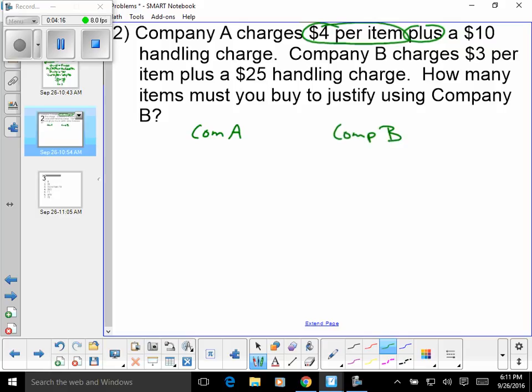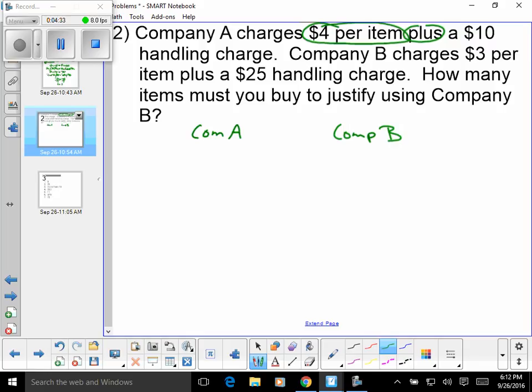What you're really looking for is where the two companies have an equal charge, because up until then, one company might be cheaper to use than the other, and after that point, it'll switch and the other company becomes cheaper.